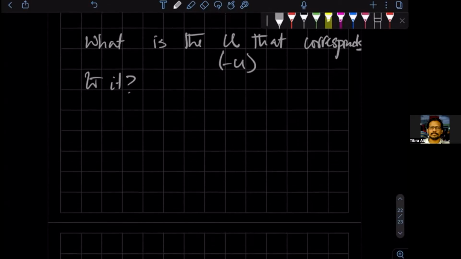So x·σ of r prime is equal to r prime_a σ_a, and that is equal to U (x·σ of r) U dagger.